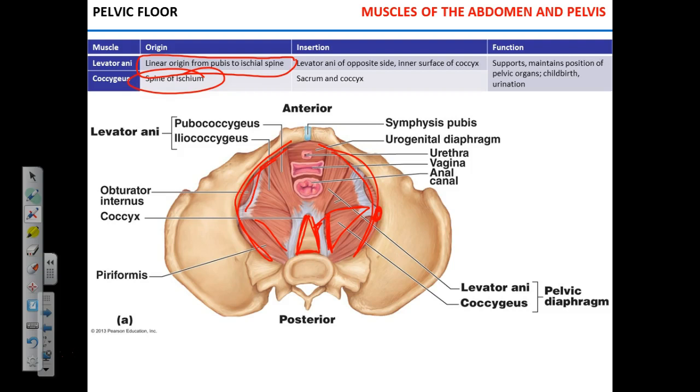Pregnant women often have problems with incontinence. Not only when they carry the fetus, which is obvious, it's a large mass that presses on the urinary bladder, so urine is constantly being pushed out.